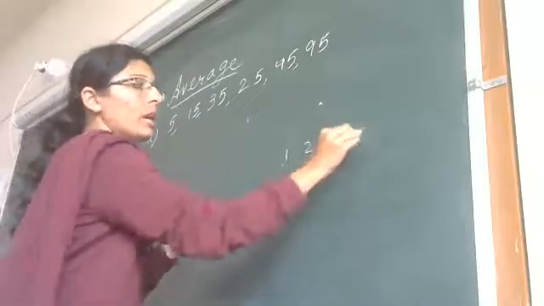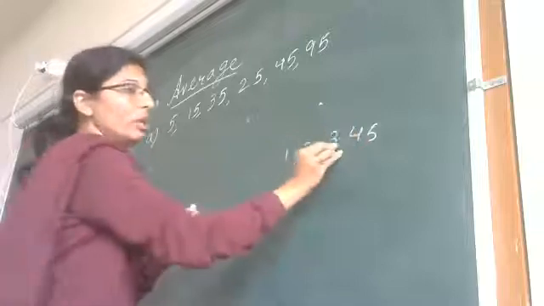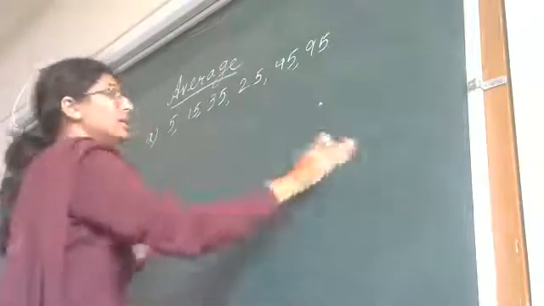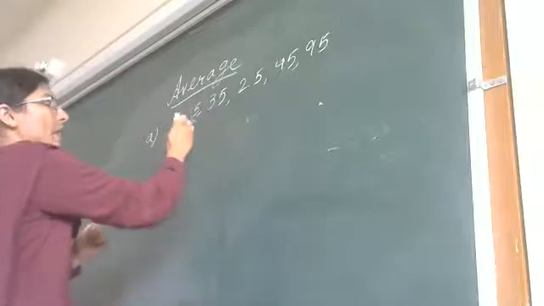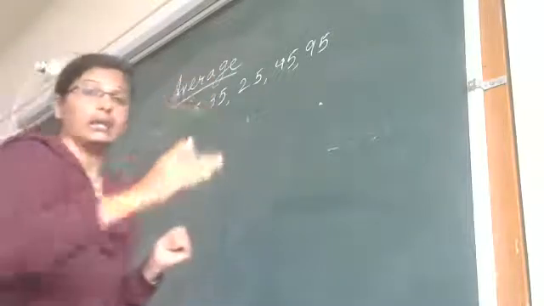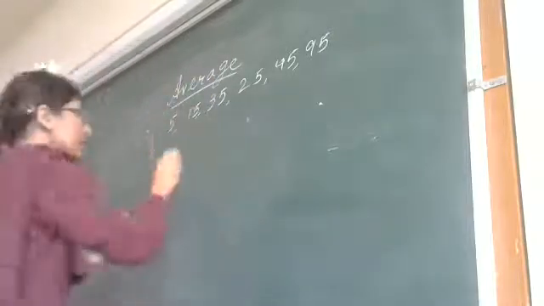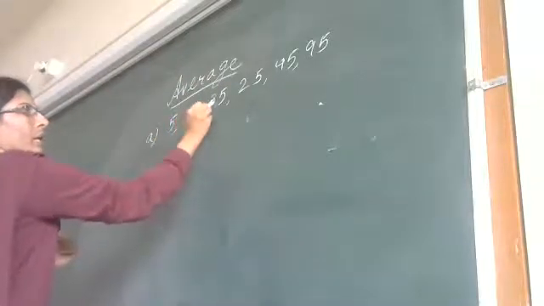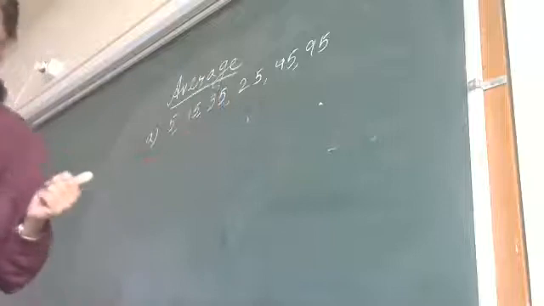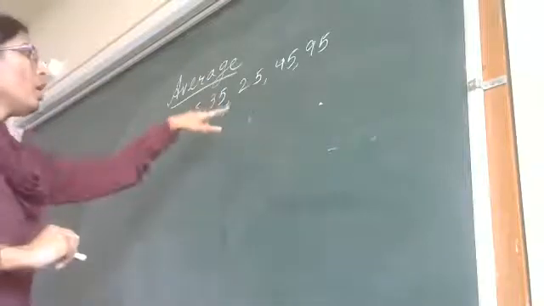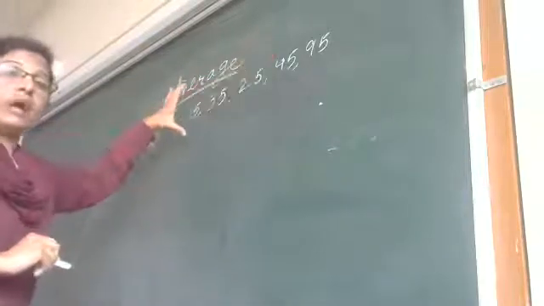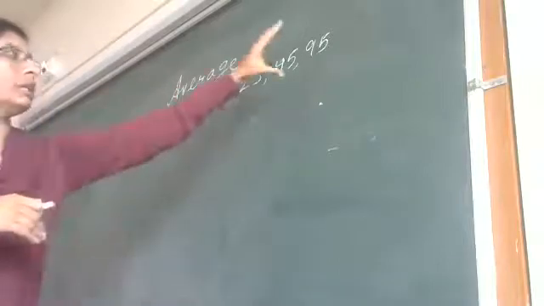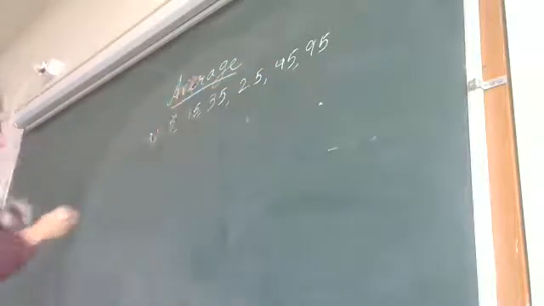These natural numbers were one after the other, so easily you told 3 is the average, the middle value. But these numbers are different. They have a difference of 10 between them, here 10 difference, here 20. Like that, they are different numbers. So we have to find the middle value of these numbers.